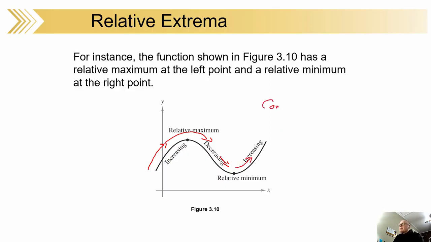Comment: this maximum and minimum are all about the y value. In some circumstances, the y value might be the revenue, it might be a cost, it could be all kinds of things. I usually only mention cost, revenue, and profit, but there are other things too.